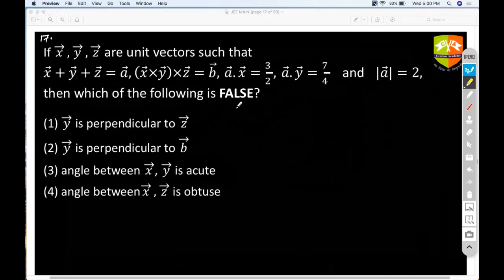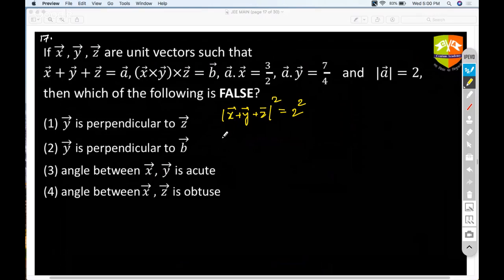First of all, I can say that if x plus y plus z is equal to a, that means mod of x plus y plus z is going to be mod a. Mod a is going to be 2, right? So if you square this, it's going to be 2 square, correct?